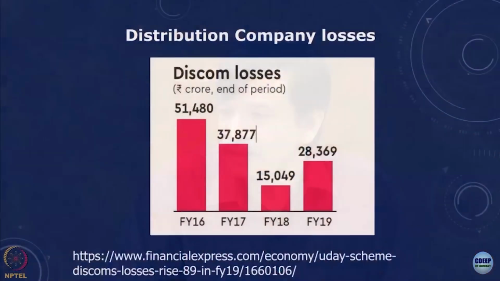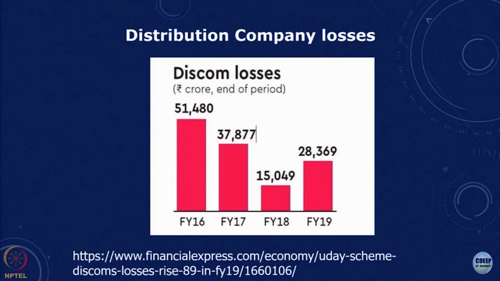One of the issues in all of this is that the distribution companies, because of the agricultural pump sets and the theft, in many cases gave free electricity to agricultural pump sets.